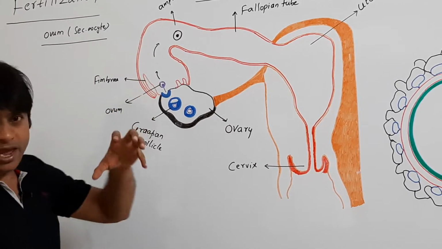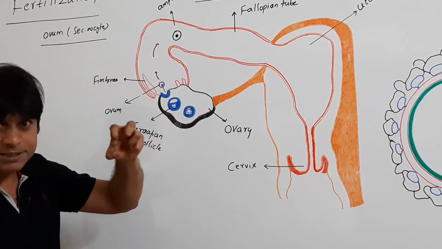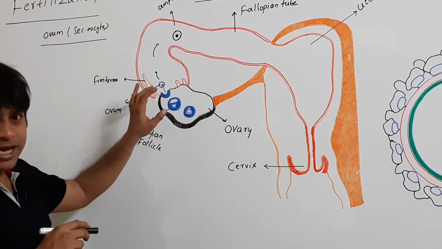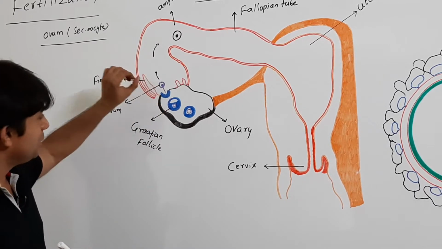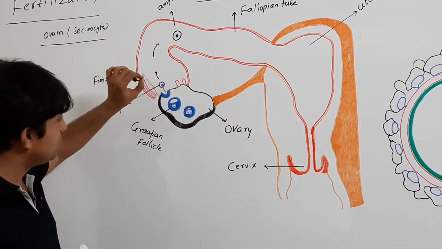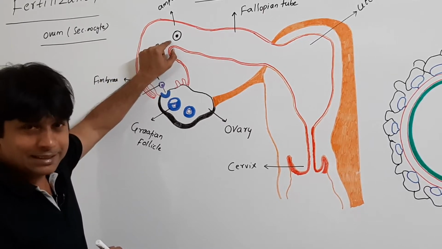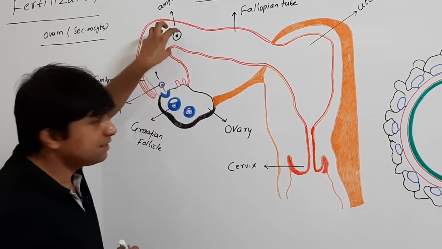Now the fimbriae of the fallopian tube capture or grasp the secondary oocyte or ovum. Actually the secondary oocyte or ovum is non-motile. So this non-motile secondary oocyte directs its way to the ampullary region because of the peristalsis taking place inside the fallopian tube.